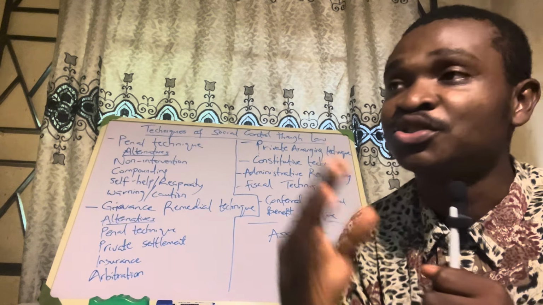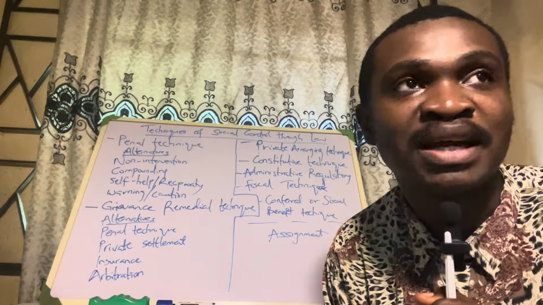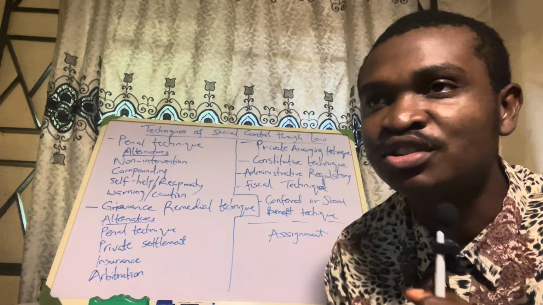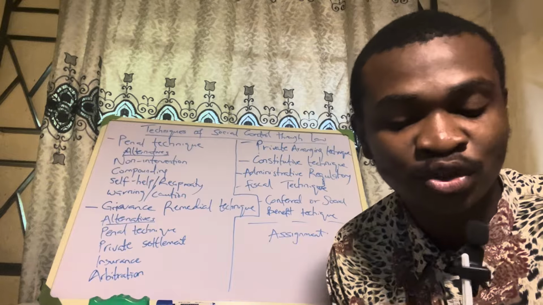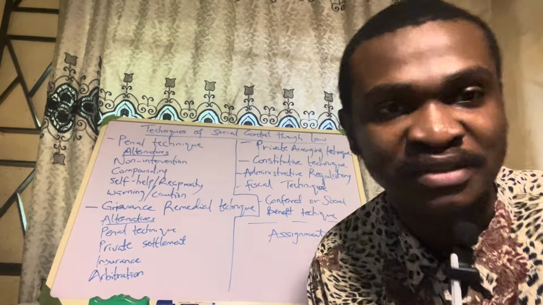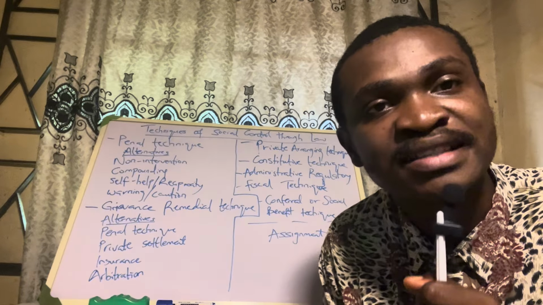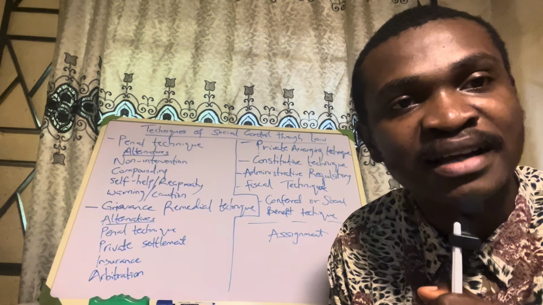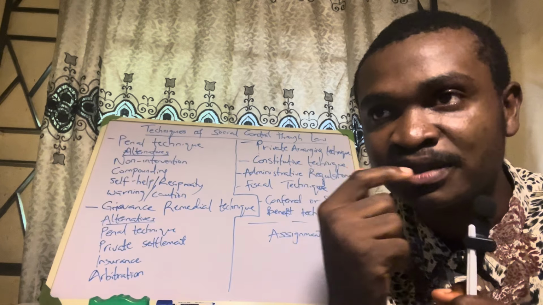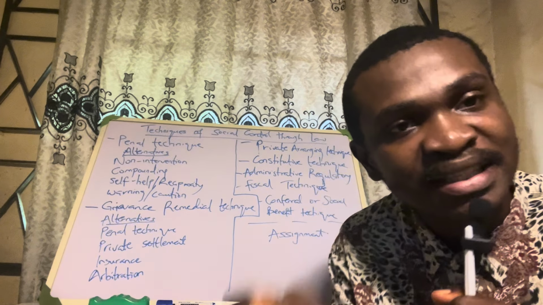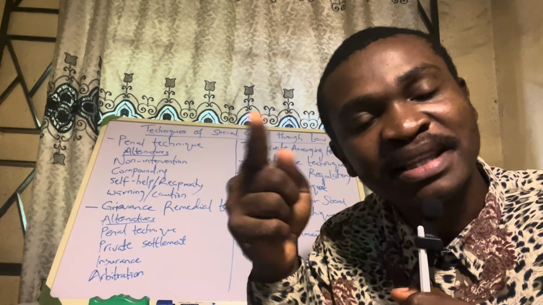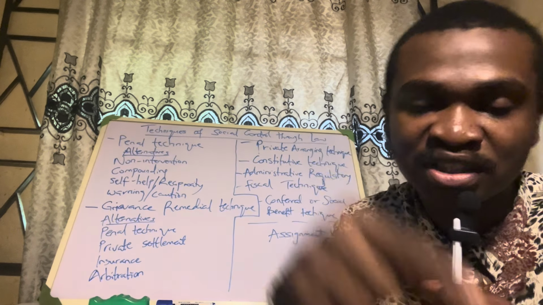But of course, you can still pursue the two at the same time. This is by the removal of the rule in Smith against Selwyn. In the rule in Smith against Selwyn, it was stated that if a particular action is civil and criminal in nature, you must first dispense with the criminal aspect before going into the civil aspect.